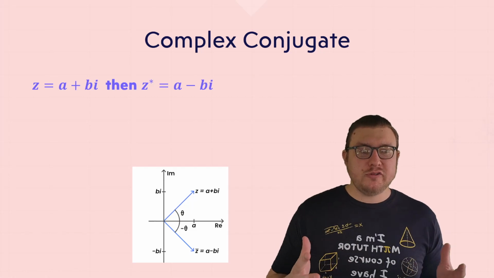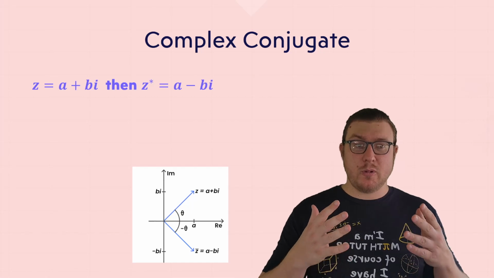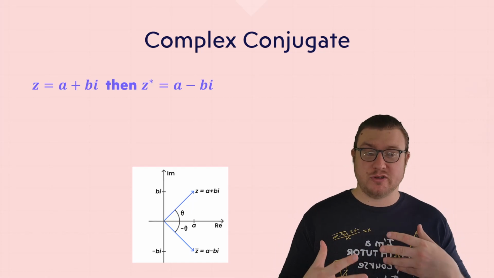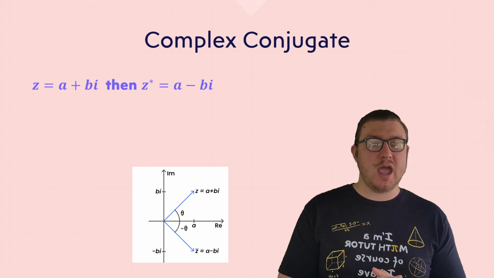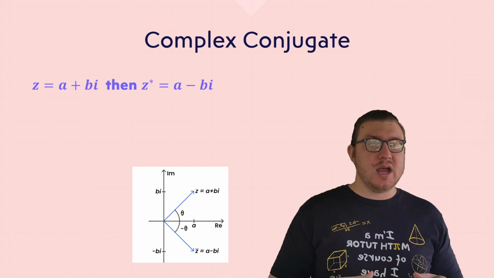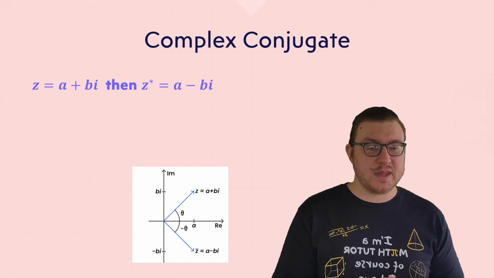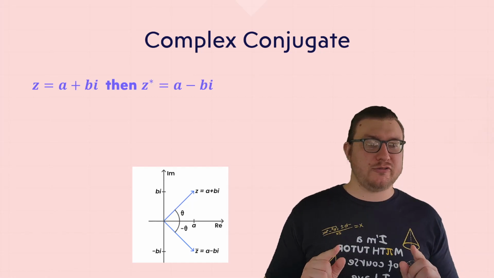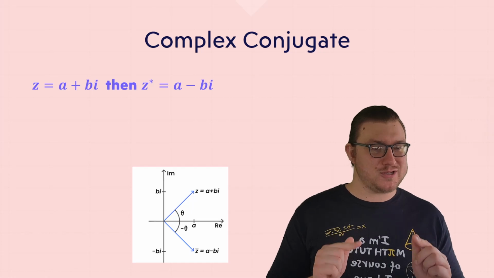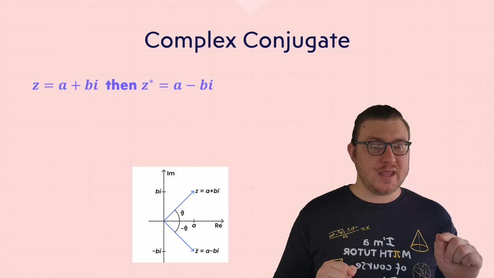Now, first of all, we need to have a look at what our complex conjugate is. You should know very well what this concept is by now because you've used it countless times. If we have a complex number a plus bi, then the complex conjugate is a minus bi. And I'm very sorry, I could not figure out late at night when I was doing this presentation how to put the bar on top of the z.